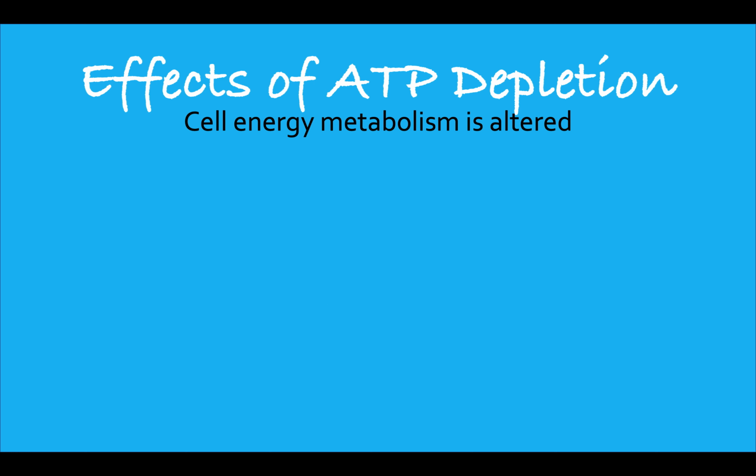Another effect of ATP depletion is that cell energy metabolism is altered. If the supply of oxygen to cells is reduced, like in ischemia, for example, oxidative phosphorylation stops, and that causes a decrease in ATP. Then anaerobic glycolysis takes over ATP formation. That's when you don't have enough oxygen, and it maintains the cell's energy sources by making ATP using glucose derived from glycogen.